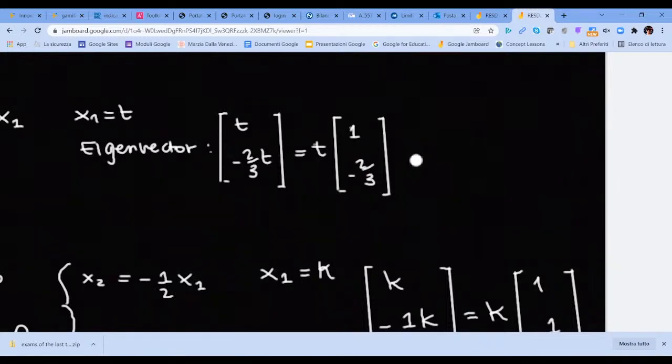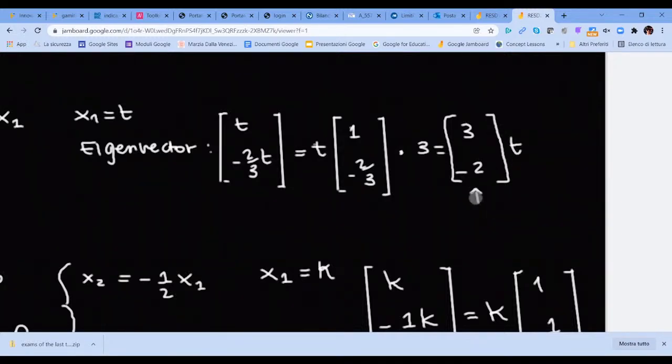That means if I don't want fractions, I can multiply everything by 3. This is a multiple of the eigenvector, and it is a vector that multiplied by A will be lambda times the vector itself. Anyway, we can multiply and take 3 and minus 2, and this remains the very same.